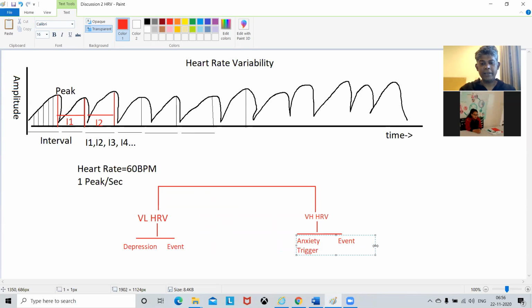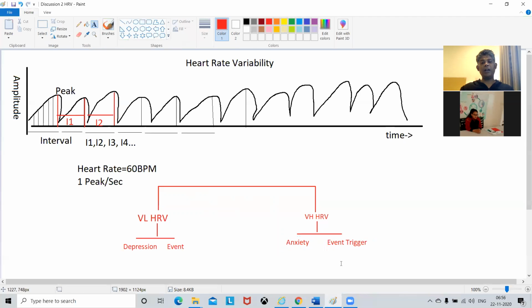Anxiety and event trigger. Now, how do we calculate the heart rate variability in itself?